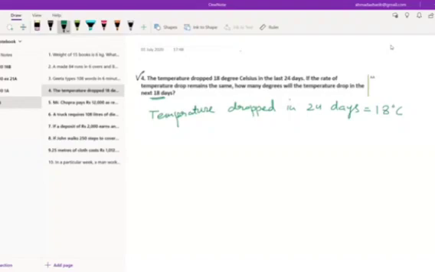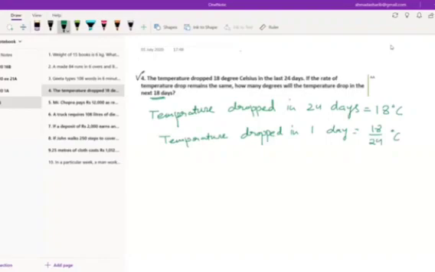So temperature drop in 1 day is equal to 18 upon 24 degrees centigrade.